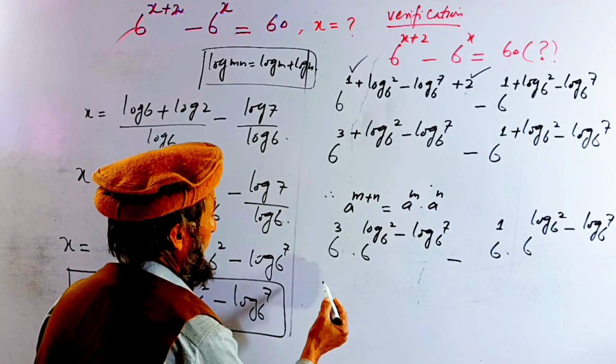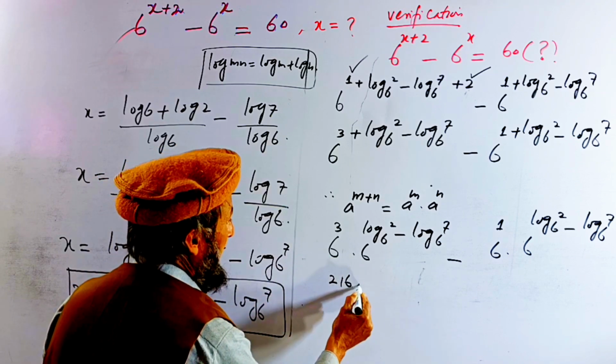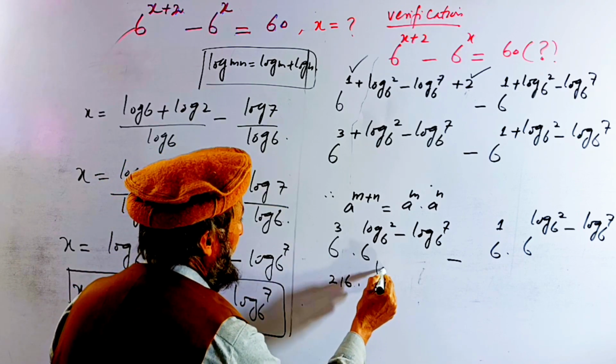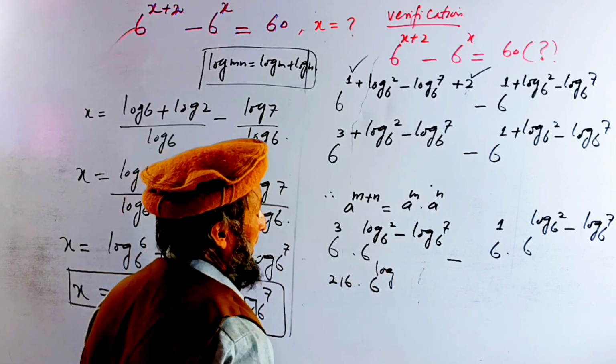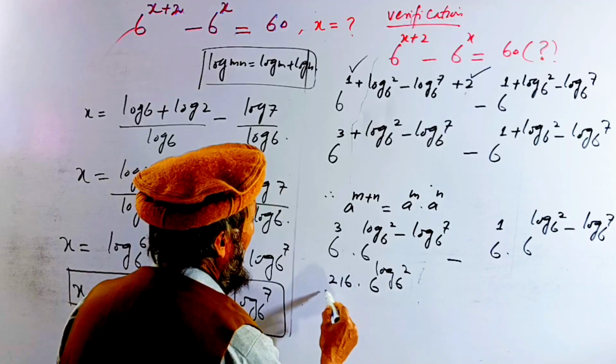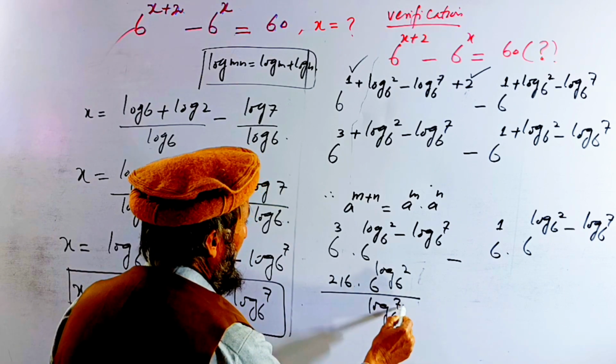we get 216 and 6 power log base 6 of 2 divided by 7.